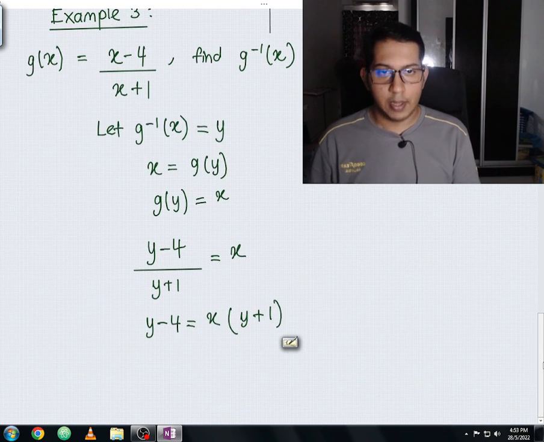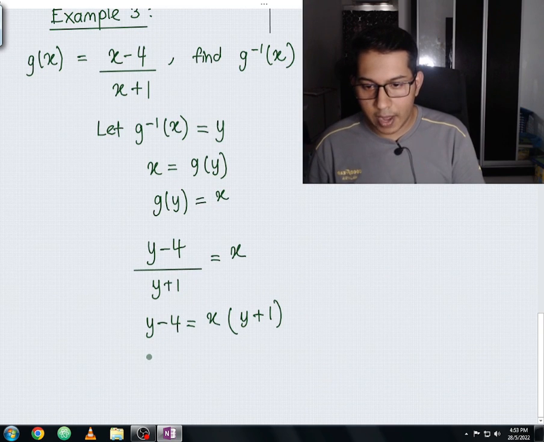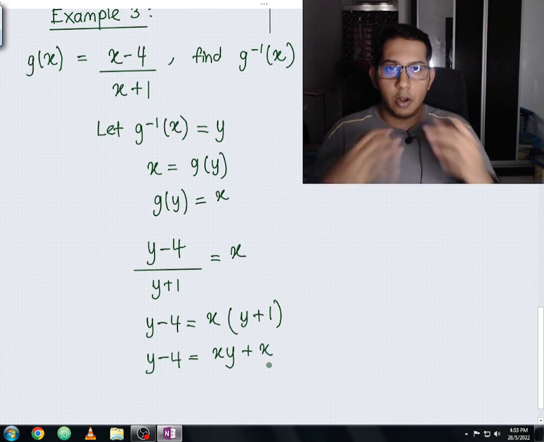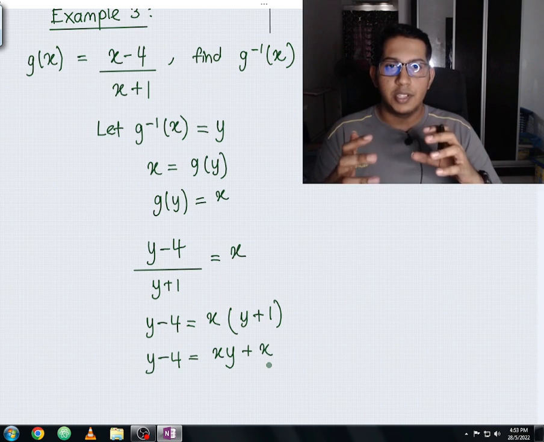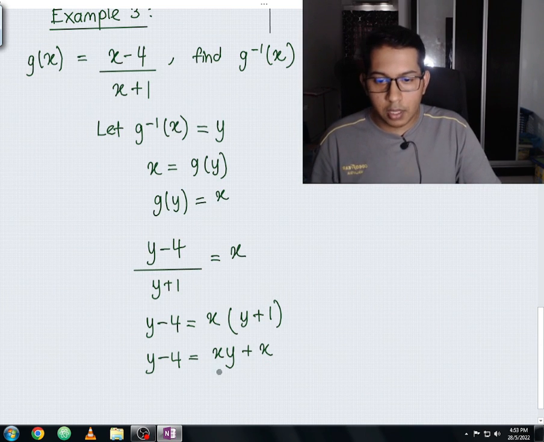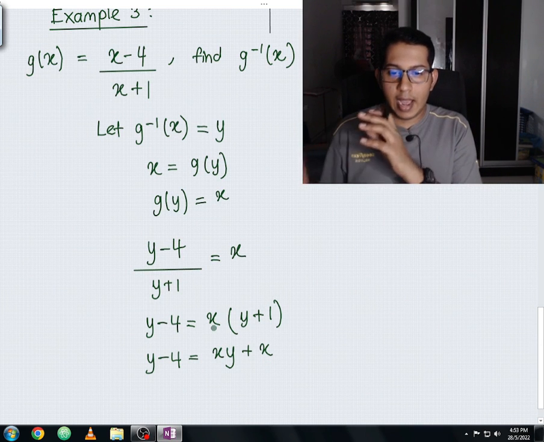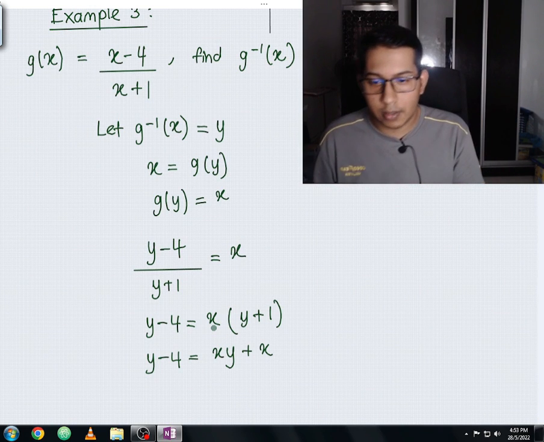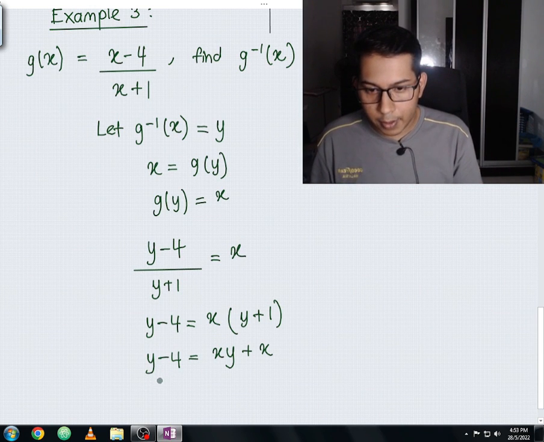We expand the bracket, so y minus 4 equals xy plus x. Since our objective here is to form an equation of y in terms of x, what you need to do is group the y aside and the other variable, I mean the numbers, aside.